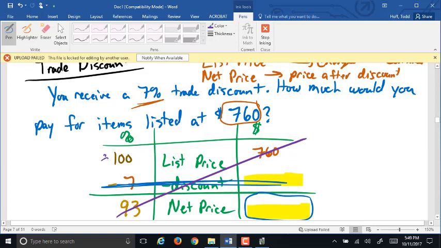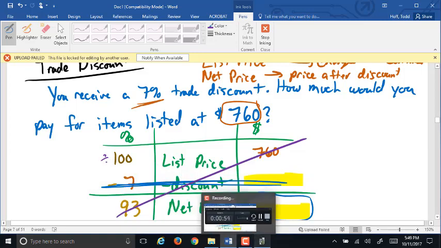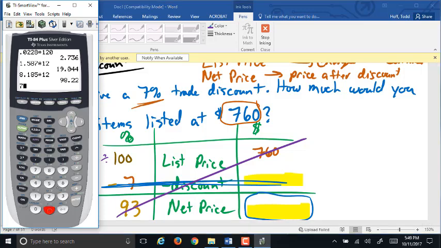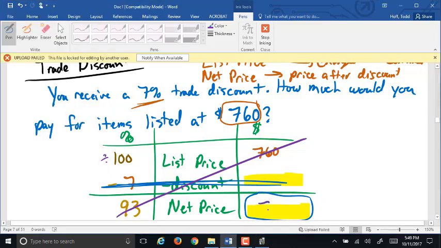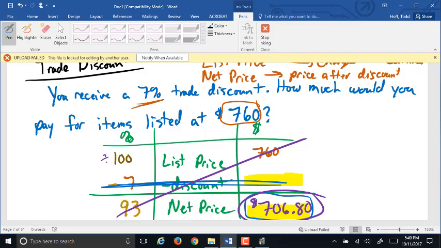Perfect. 760 times 93 divided by 100 is $706.80. That's the net price. Not so bad, huh? 100% minus the 7% discount.